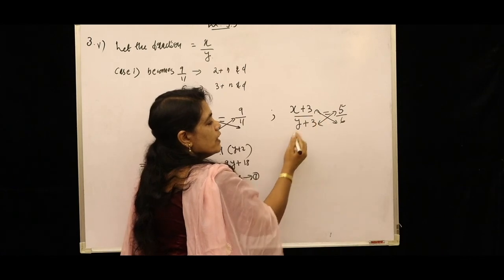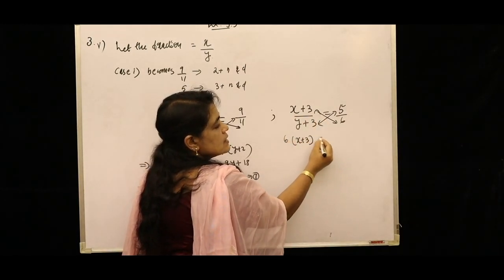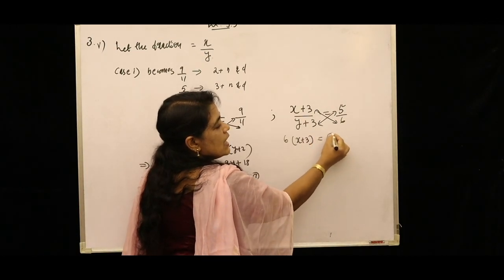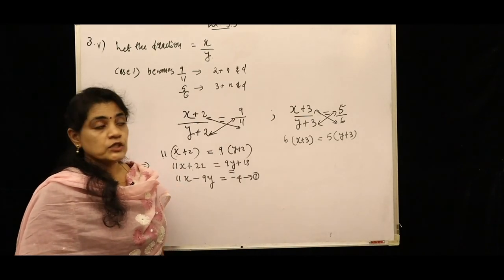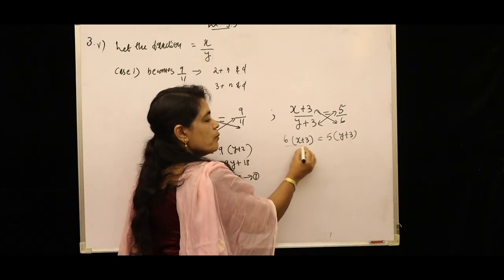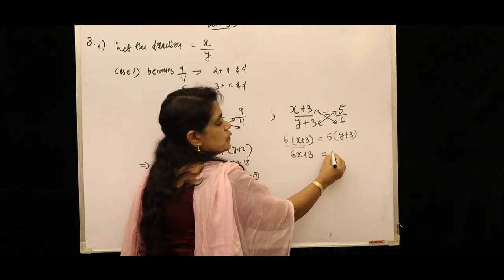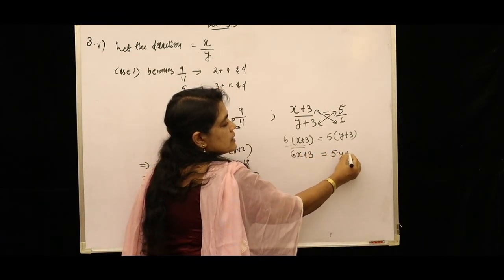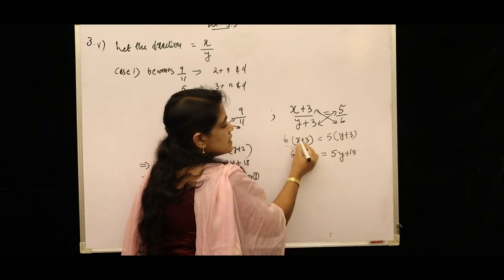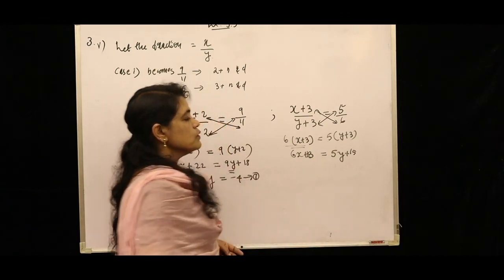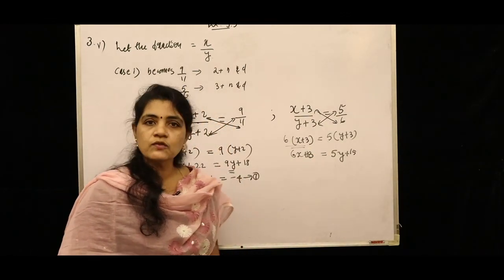Okay. So in the same way, 6 can be taken along with x plus 3 in the numerator. The same way y plus 3 will go along with 5 under multiplication, 5 into y plus 3. So open the bracket. 6 into x plus 3 equal to 5y plus 5 into 3 is 15. Here 6 into 3 is 18. So 6x plus 18 is equal to 5y plus 15.